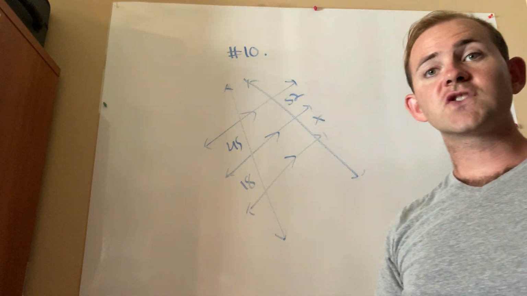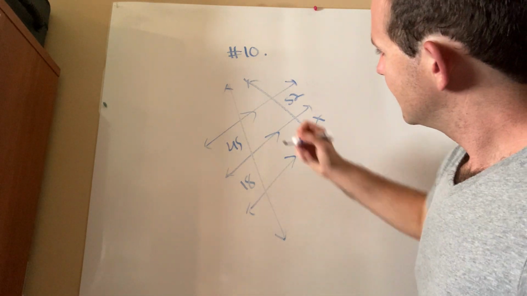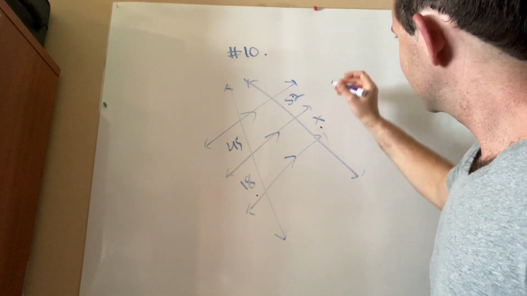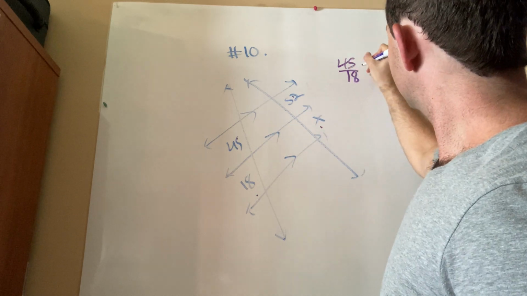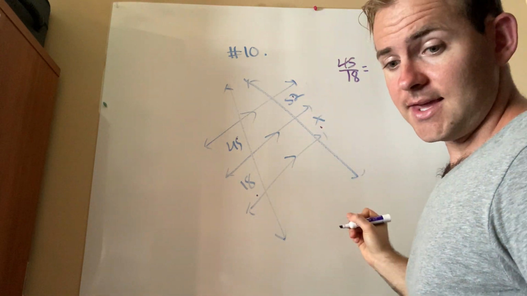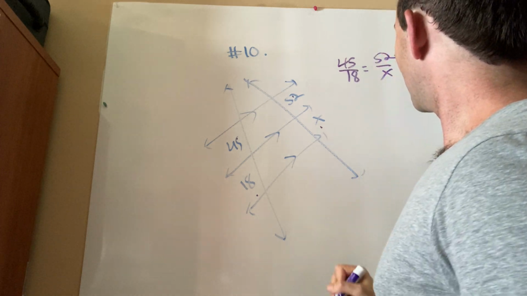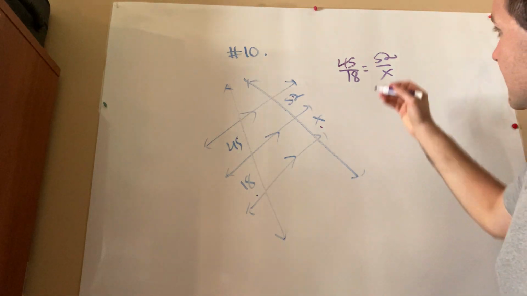The way that I approach this problem algebraically is to set up two proportions. This to this equals this to this. So I'm going to say piece 1 to piece 2, 45 over 18, equals this one over this one. Now, before we actually move on, notice that I can simplify using a GCF.